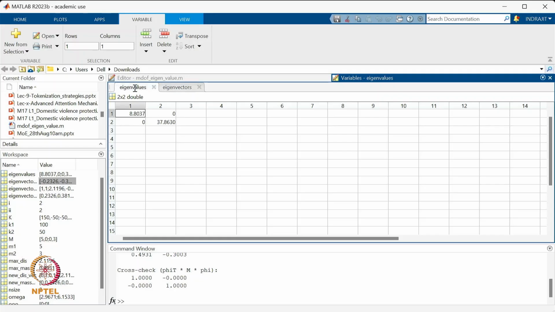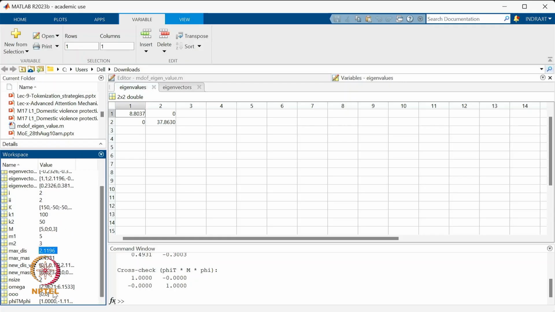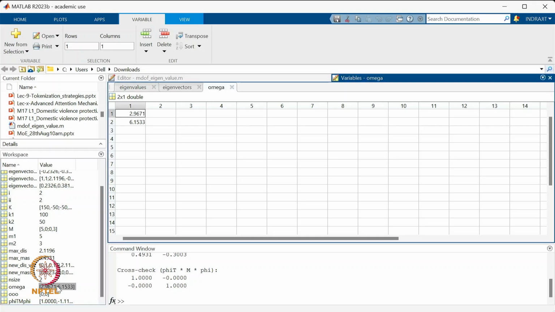And eigenvalues are these two values also. Now you can also see the omega. So you see, omegas are also calculated, we just take the square root of it.